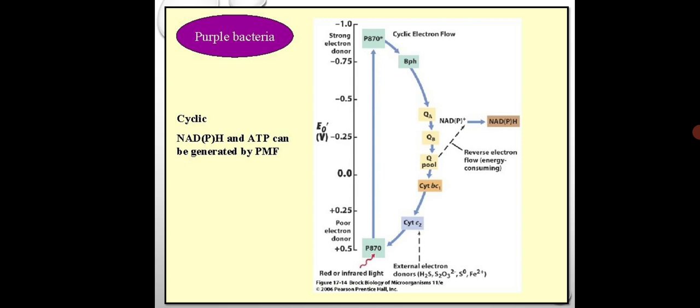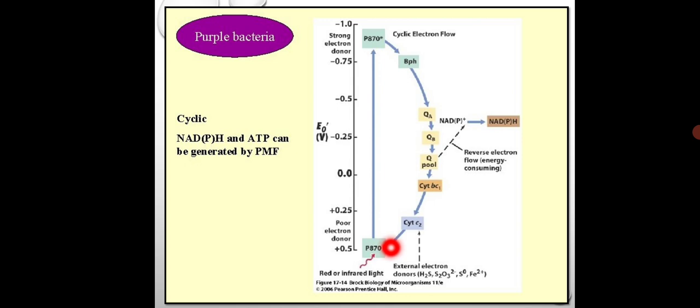Same is the case with this purple bacteria, but instead of water, there is involvement of hydrogen sulfide. Okay, H2S, there is involvement of hydrogen sulfide. So along with the light, here hydrogen sulfide acts as an electron donor.